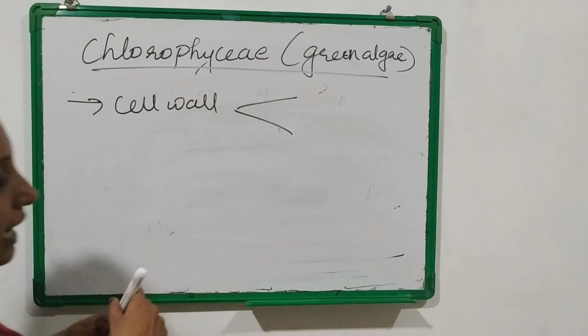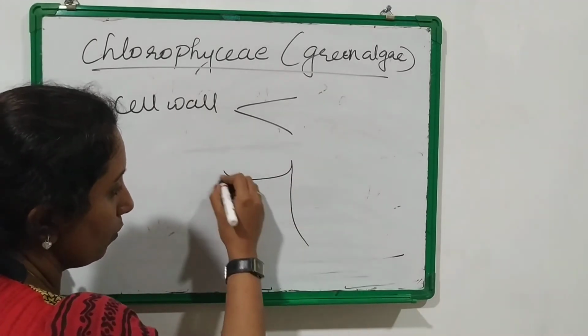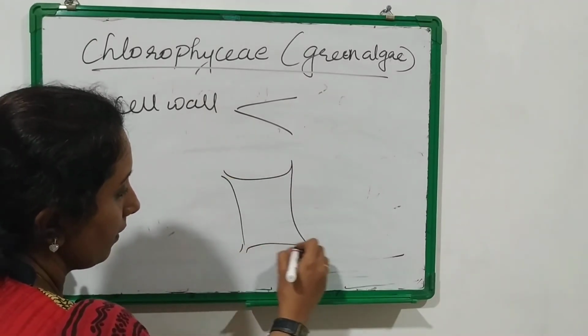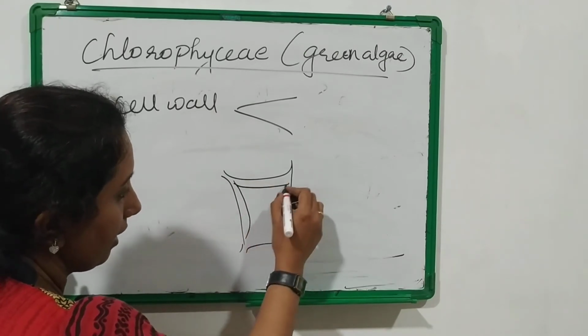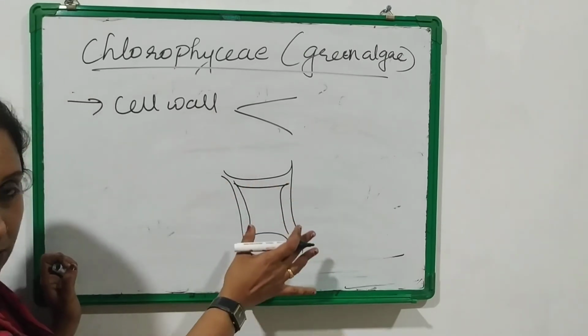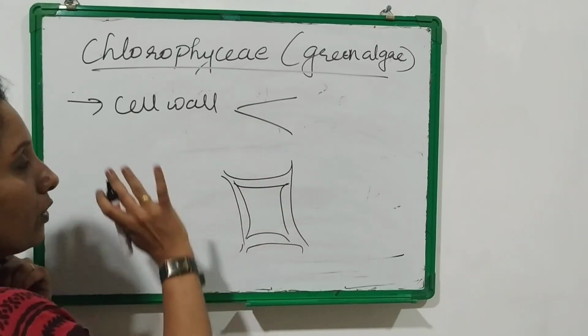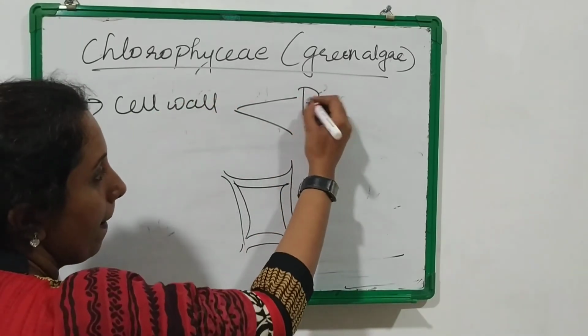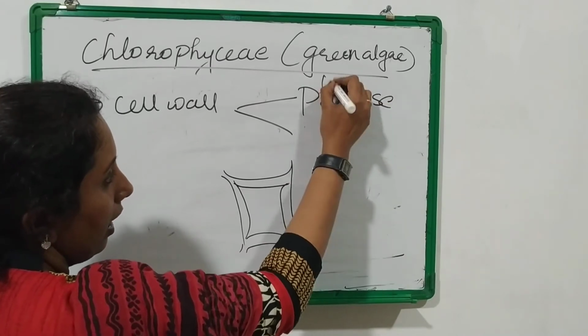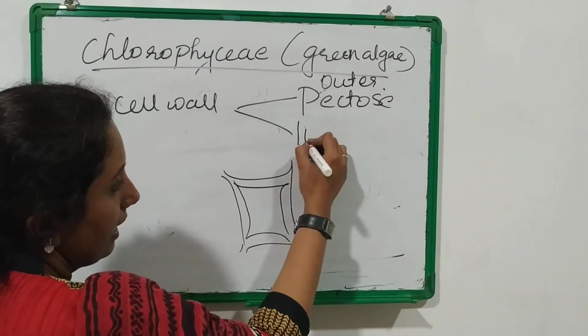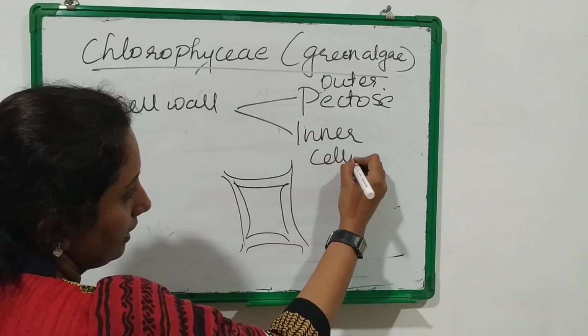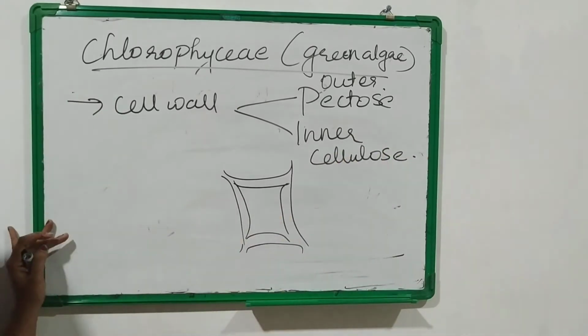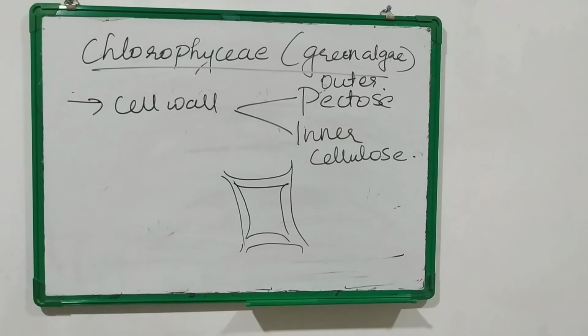The outer layer is made of pectose and the inner layer is made of cellulose. So the cell wall of algae is composed of two layers, the outer layer of pectose and the inner layer of cellulose.